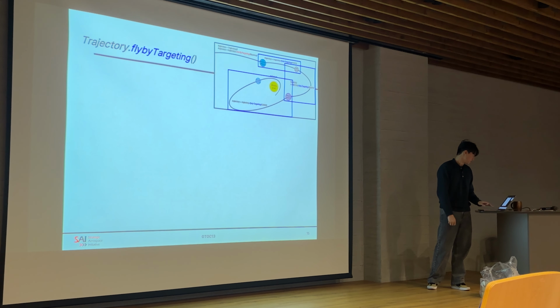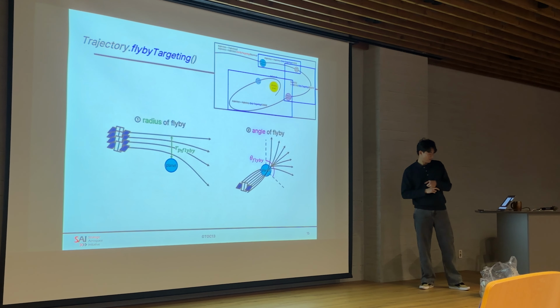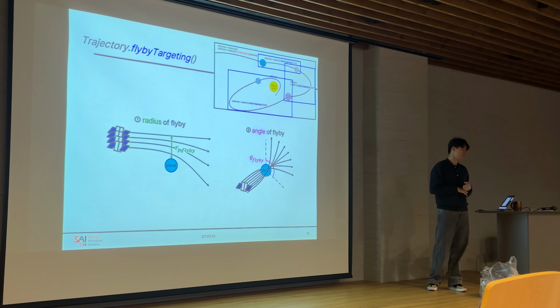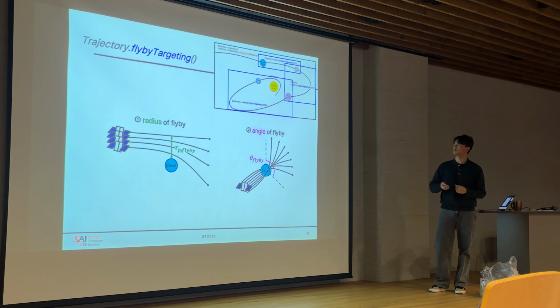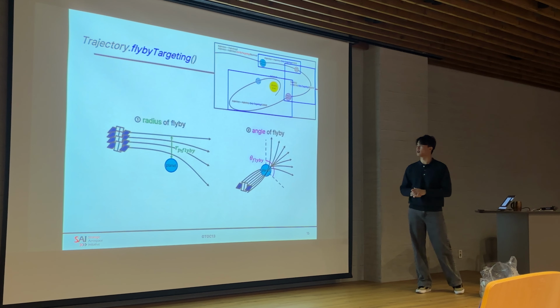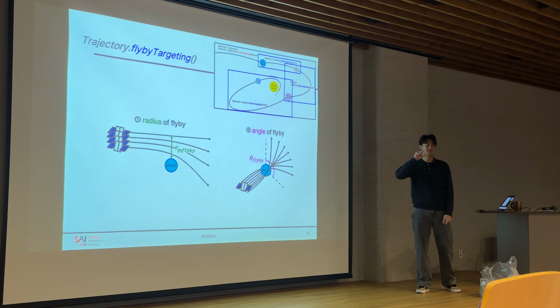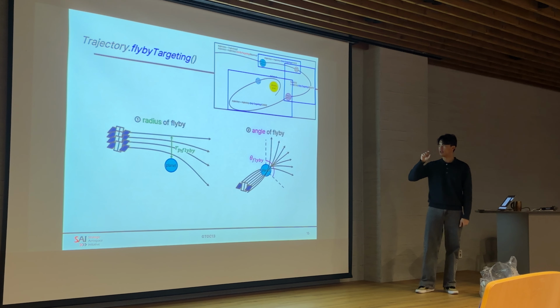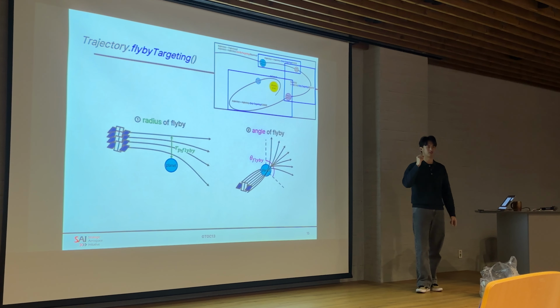Let's look at what you should do in the second function. The first two factors that you are free to choose are the radius of flyby and the angle of flyby involved in the process of flying by. The radius of flyby determines the amount of deflection you get from the gravity assist. And even after you determine the amount of deflection, you have another freedom to choose the direction of the deflection.